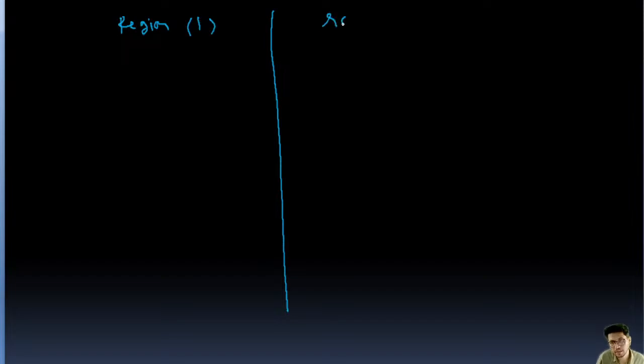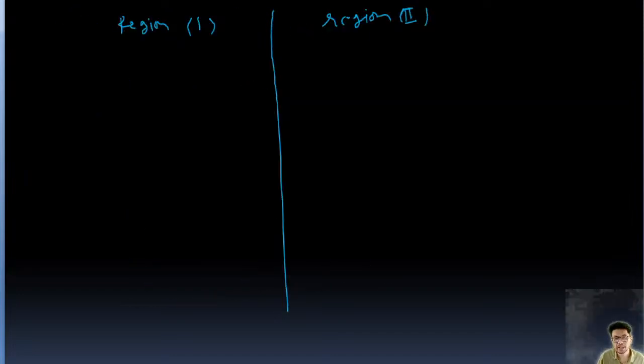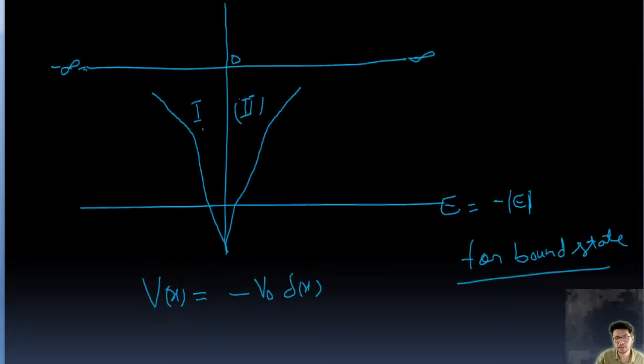So this is for region 1 and region 2. We can see here region 1 is minus infinity to 0, and region 2 is 0 to infinity.